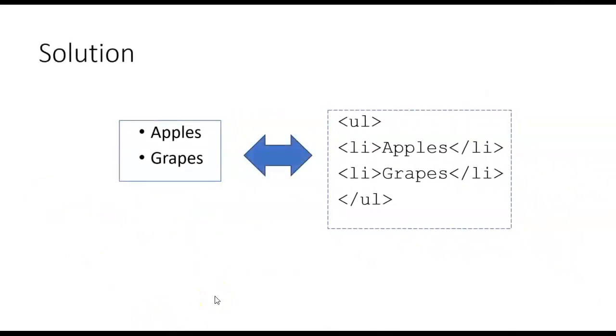So the solution to the last question is seen on the screen here. What I have on the left is what you see as a typical end user using a browser. What you have on the right is the HTML that you would type into Visual Studio Code into an HTML file, because that's what a future programmer would do.